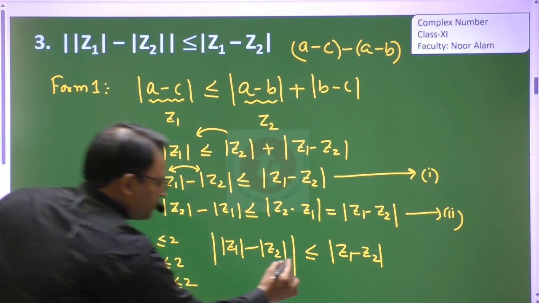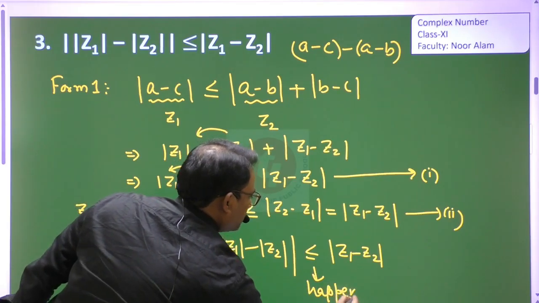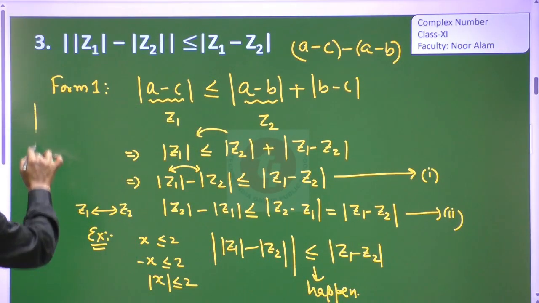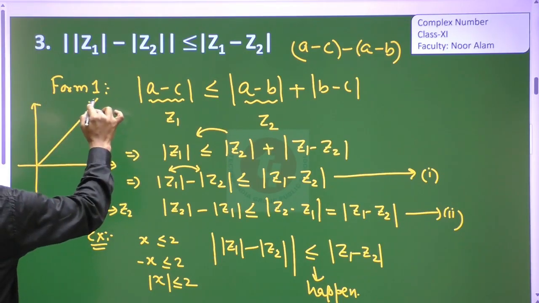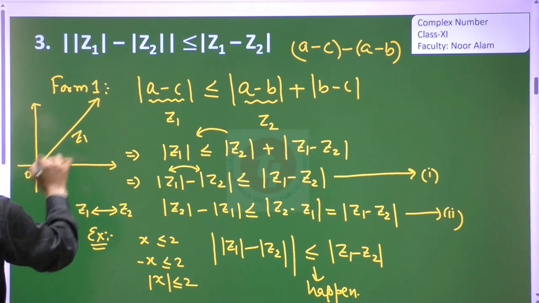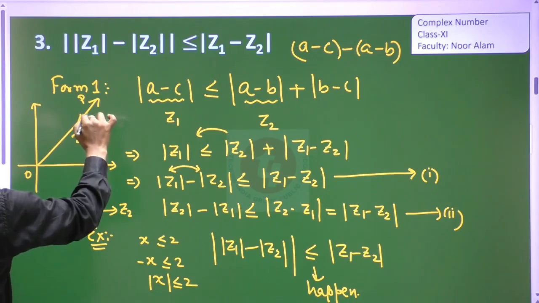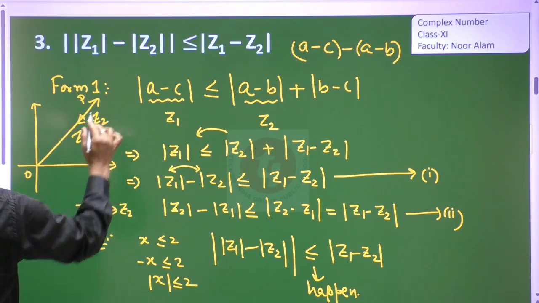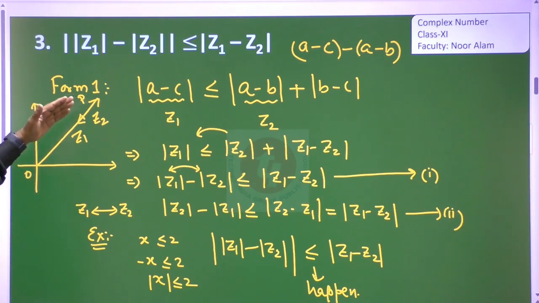Now when does the equal to sign happen? Suppose we have a complex number z1 in this direction, O to P, and in the PO direction there is another complex number, z2. If two complex numbers have the same line of support but their directions are opposite, then you have the equal to sign there.